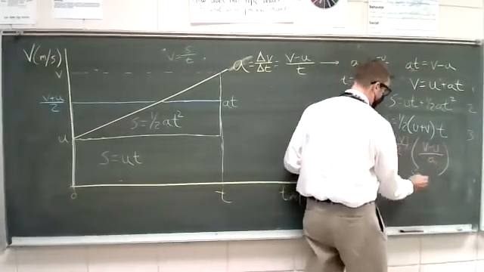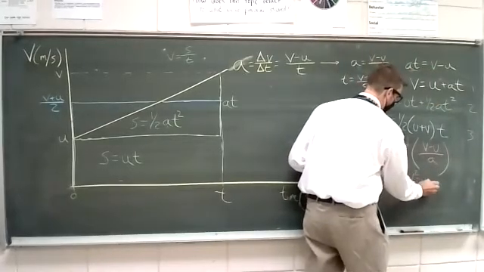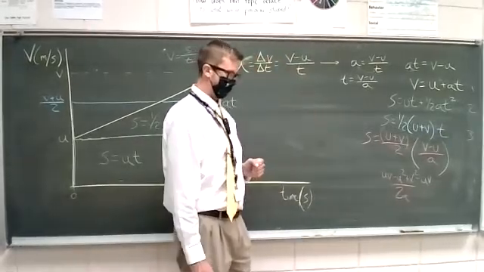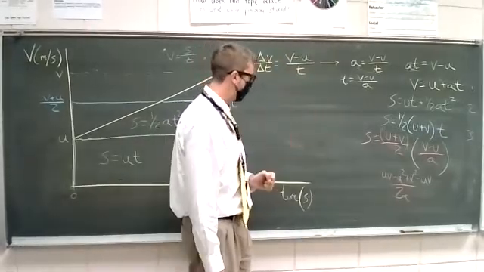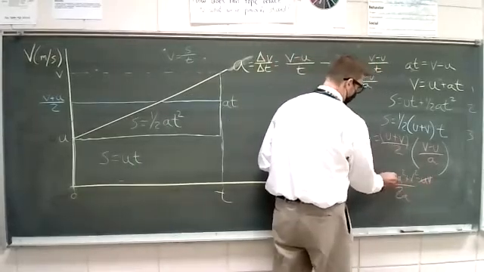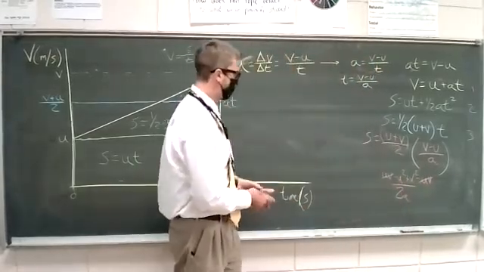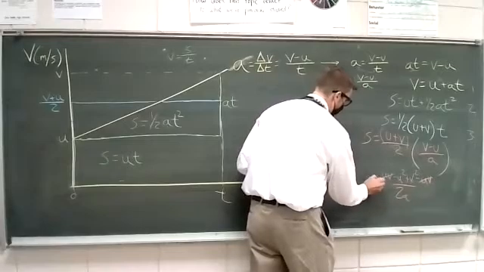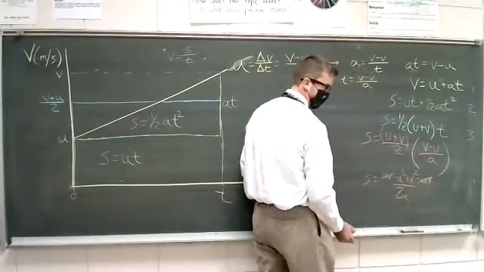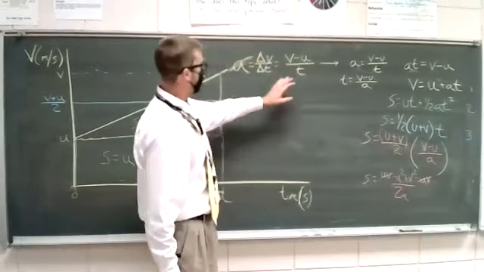And v times negative u is negative uv. So that's just FOILing those binomials, or distributing, whatever you want to call it. uv minus uv, 0. So I end up getting the displacement equal to negative u squared plus v squared over 2a.